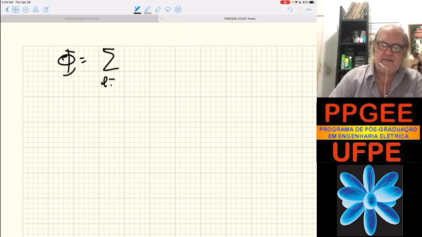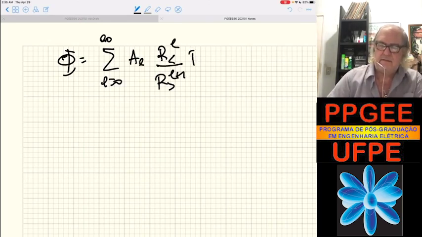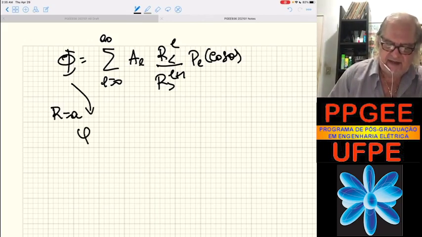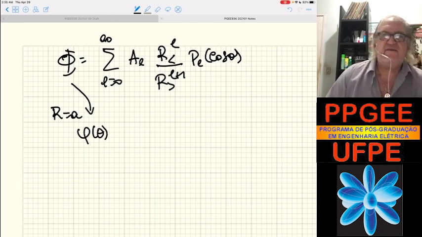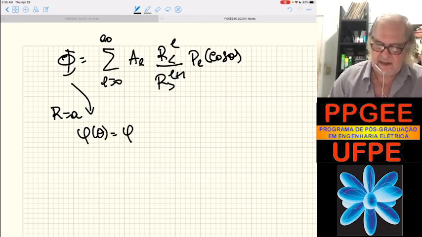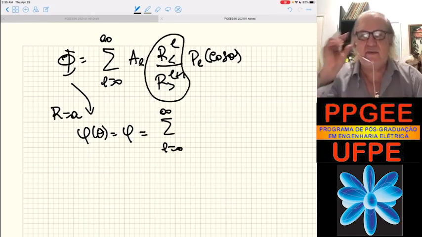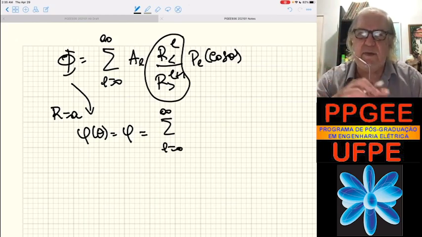We propose using this type of solution. So at R equals A, we have this equal to phi of theta, or phi of x, if you want. Phi equals an expansion of, this is going to be 1 over A, whatever larger and smaller are.